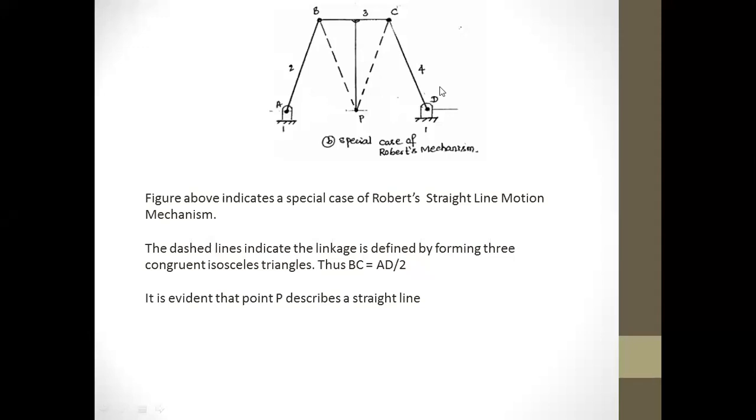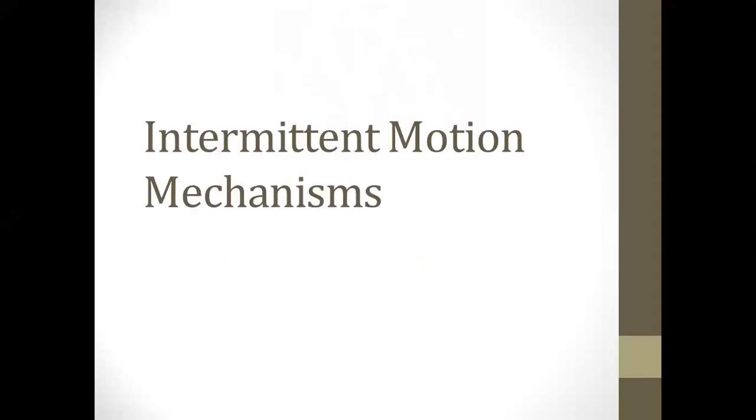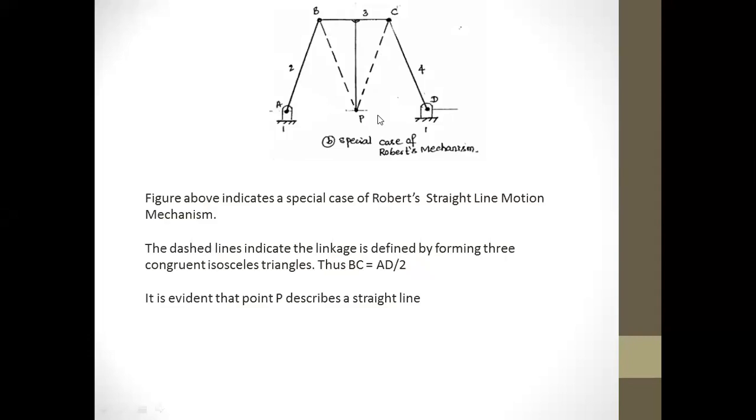Another type is a special case of the Roberts mechanism. Here AD is the fixed link. It looks like a triangle, and the dashed lines linkage is defined by forming three congruent isosceles triangles.